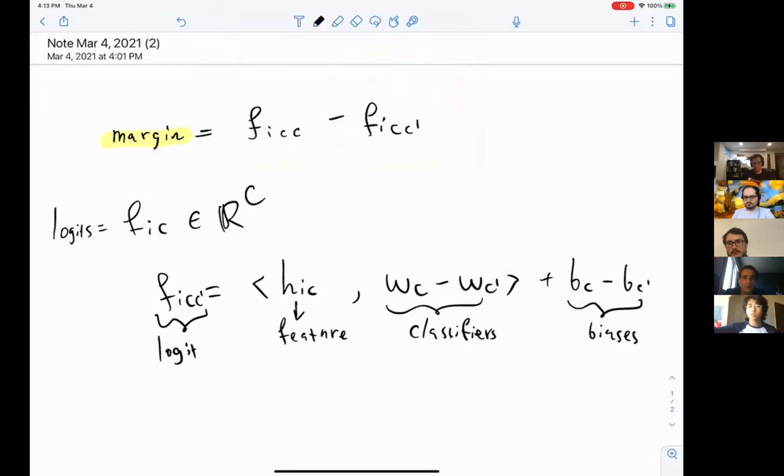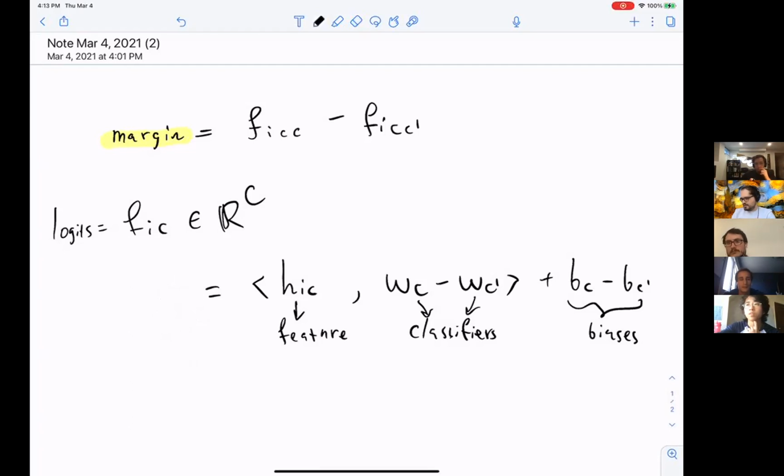Professor, could you explain why would the classifier be the difference of two w_c again? So what I mean here is that this is two classifiers. Let me fix the equation one second.